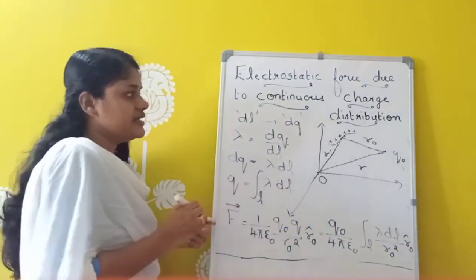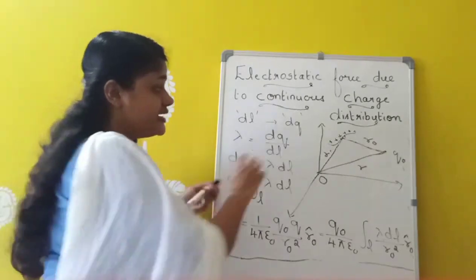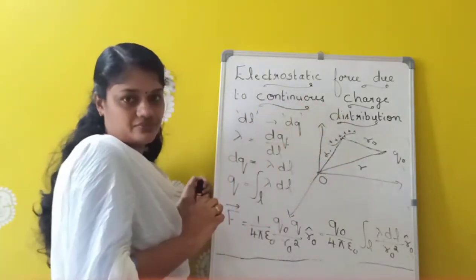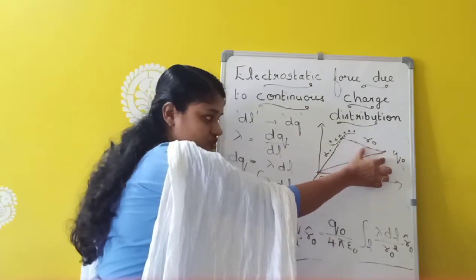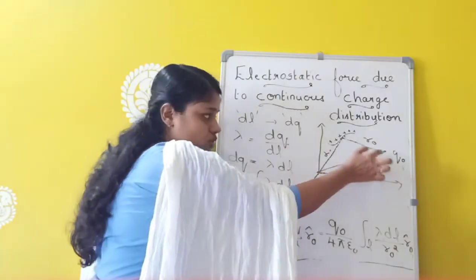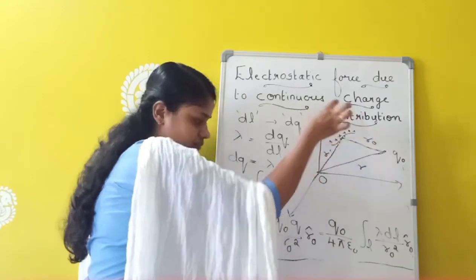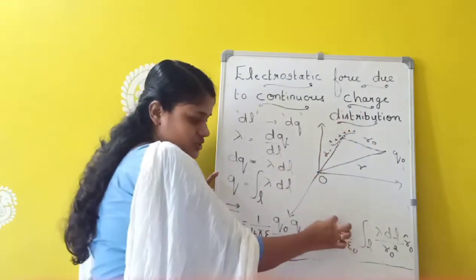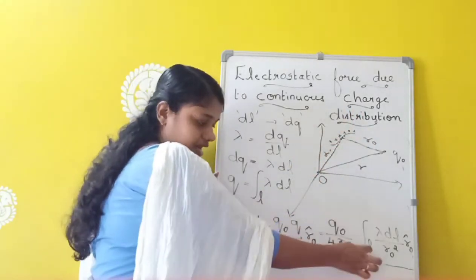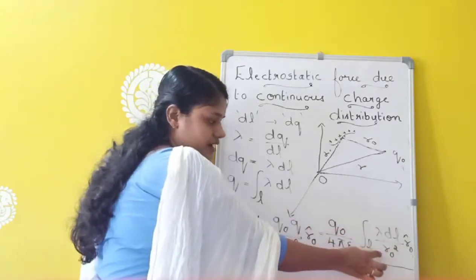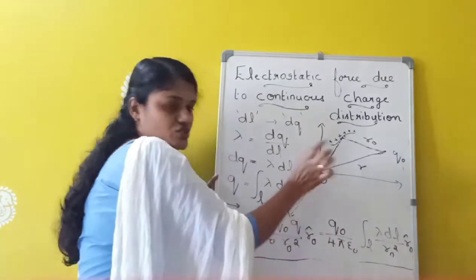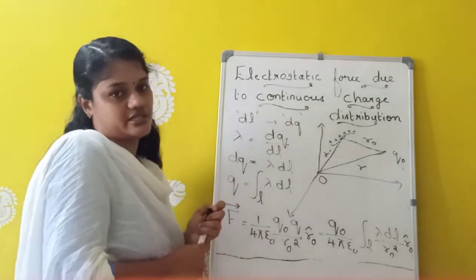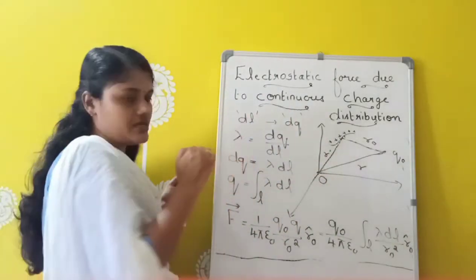So this is the electrostatic force due to this linear charge distribution. So the electrostatic force between charge q0 and this linear charge distribution is F equals q0 by 4 pi epsilon 0 line integral lambda dl by r0 square into unit vector r0, and this unit vector r0 gives the direction of force acting between the two charges. This is about linear charge distribution.